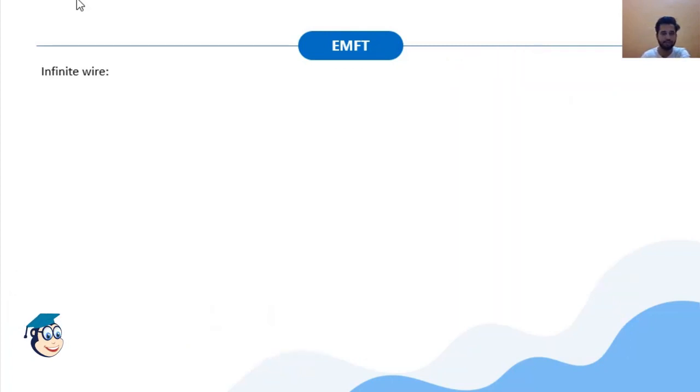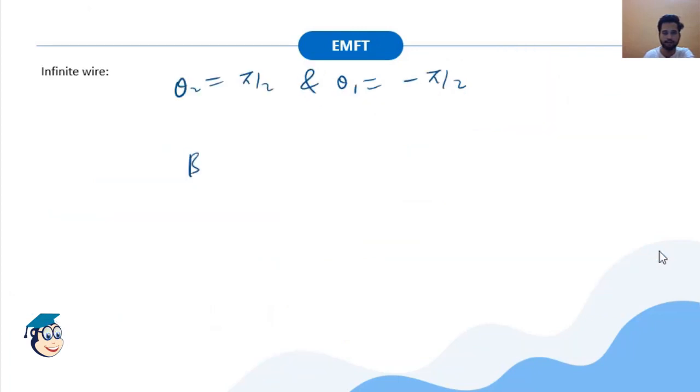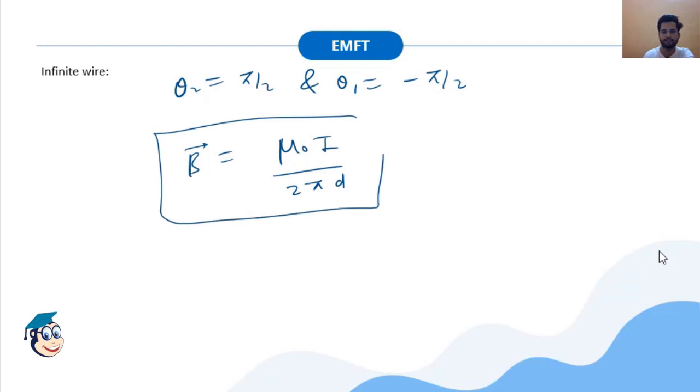You can see for an infinite wire, theta 2 would be pi by 2 and theta 1 would be minus pi by 2. We put these values in this equation, and you will get B equal to mu naught I over 2 pi d. This is the case of an infinite wire.